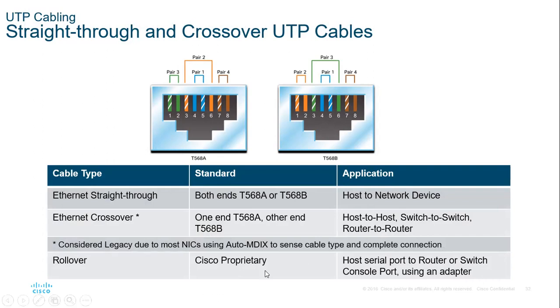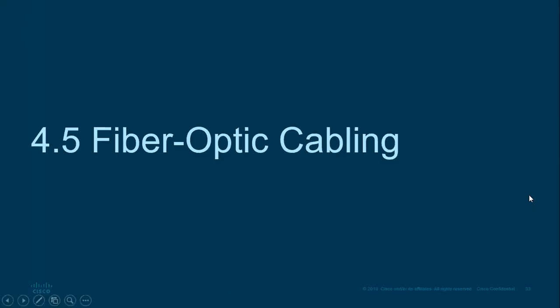Rollover, Cisco proprietary, connects a host serial port to a router or switch console port using an adapter. Fiber optic cable. Basically, fiber optic cables are very costly in nature, but the transmission speed is very high in the case of fiber optic cable in comparison to UTP and STP.